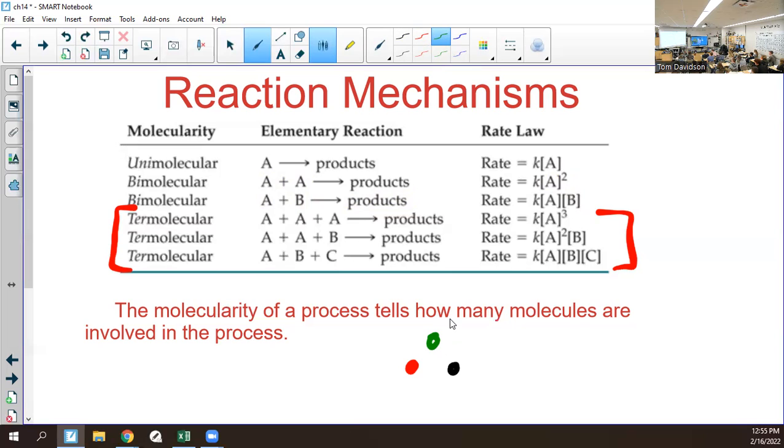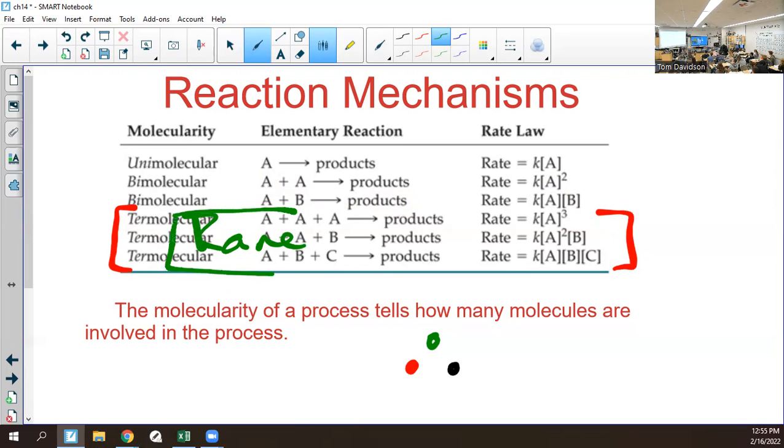So they usually have pretty slow rates. But termolecular, you could have AAA, AAB, or ABC, or ABB or whatever. But it's three things that are required to collide at the same time, and they're rare.